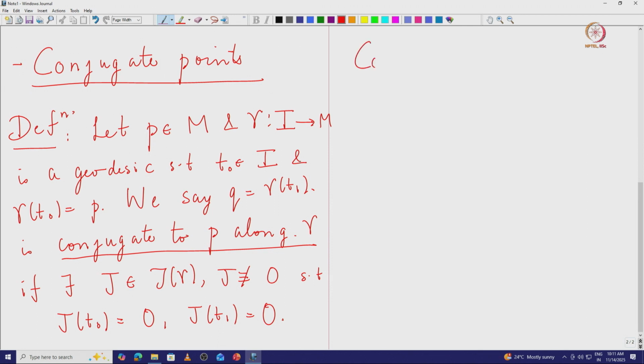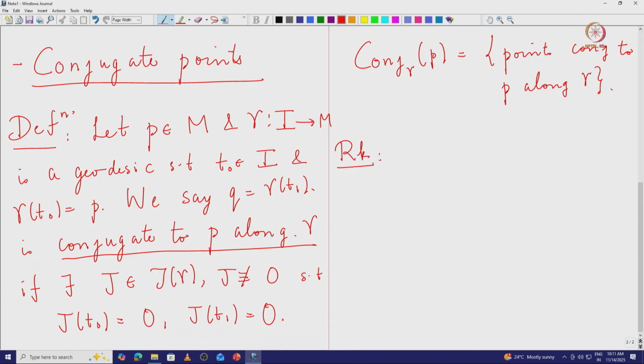And then we denote the set of conjugate points to P along gamma to be simply this set conj of P along gamma. So this is the set of points conjugate to P along gamma, okay. So let me make a couple of remarks.